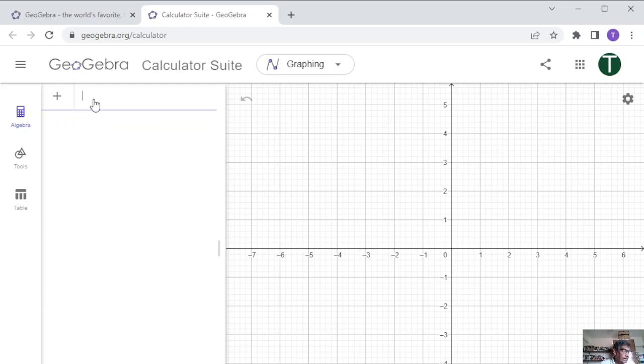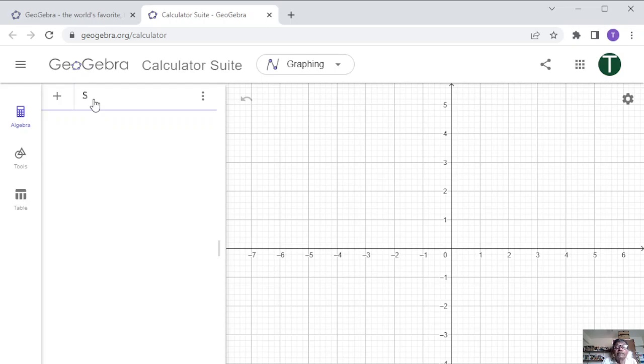Therefore, if you specify a point, the focus and the directrix, then the parabola will be uniquely defined. So that is what we do.